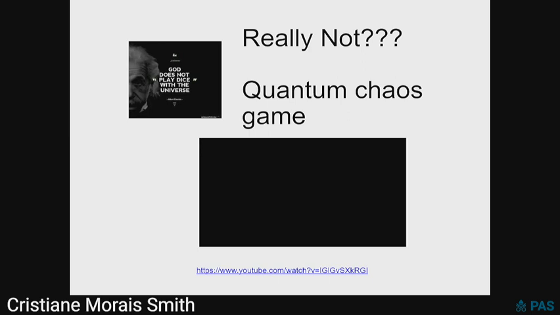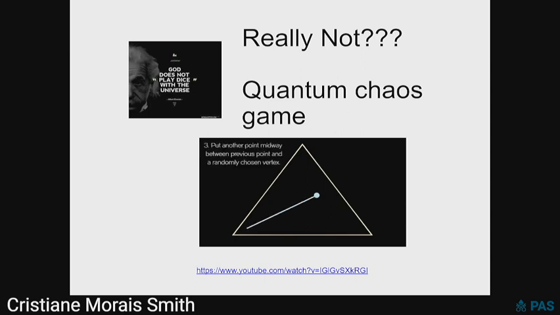It's a fun movie. So Einstein was saying that God does not play dice with the universe. And now I have my doubts. Build a triangle, choose a random point inside, and now we play dice. Up corner is 1, left corner is 2, third corner is 3, 4, 5, 6. Every time you play dice and you get a number, you connect your dot to that vertex and you choose the middle point.